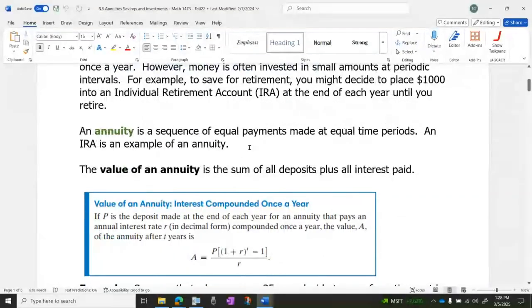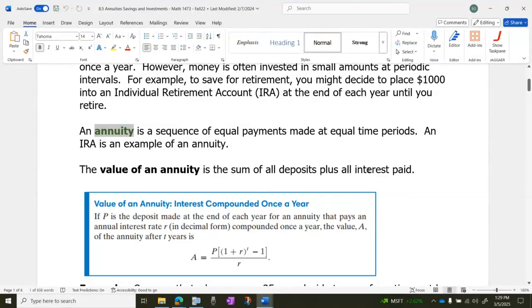Annuity refers to an investment account. The name is called annuity. And what is an annuity? An annuity is a sequence of equal payments made at equal time periods. And IRA or Roth IRA are examples of annuities.